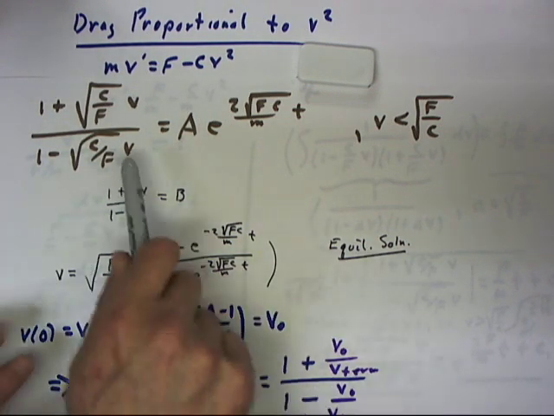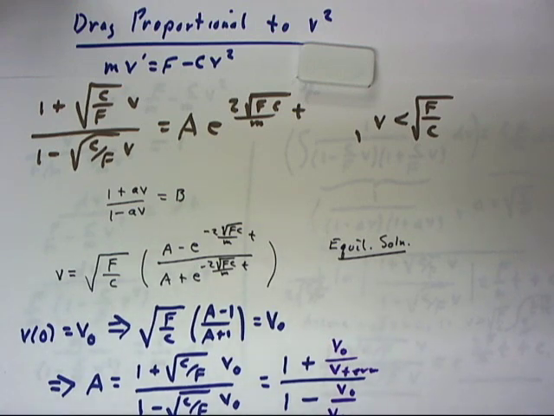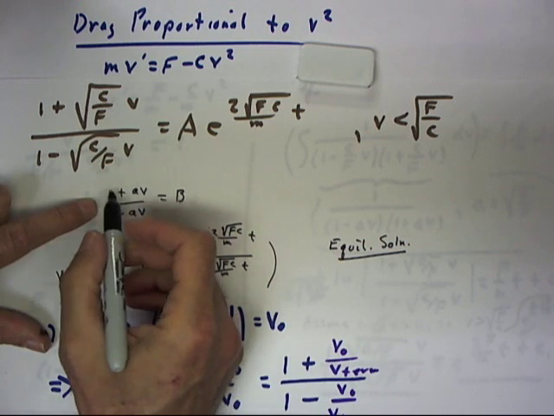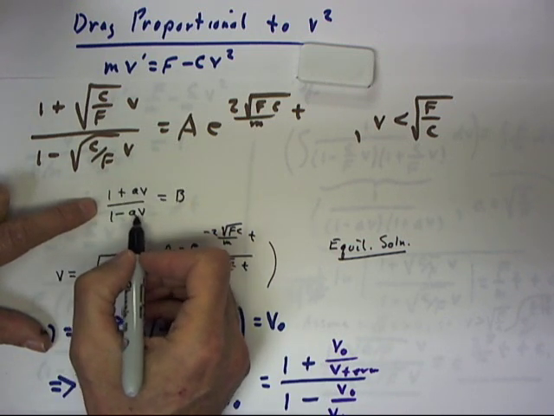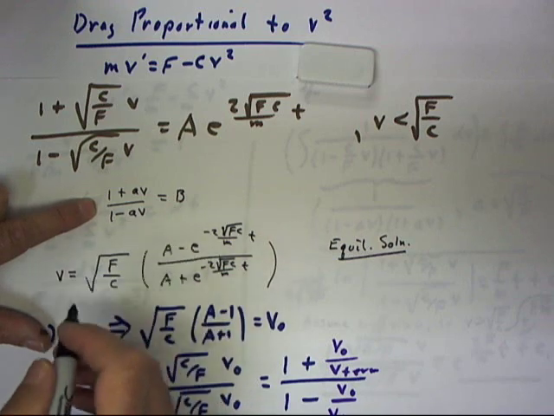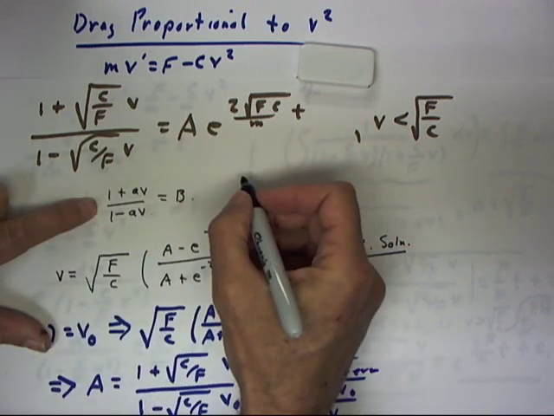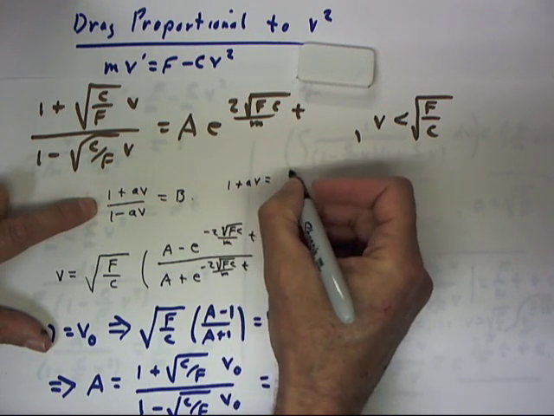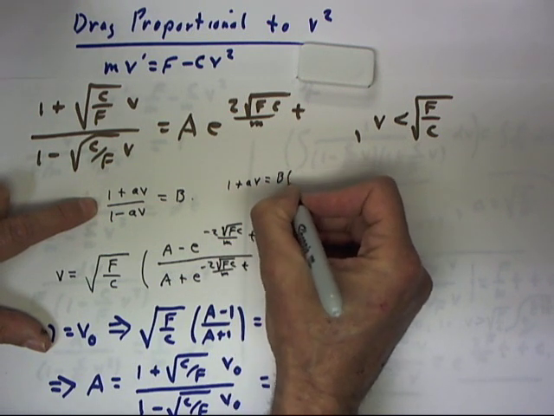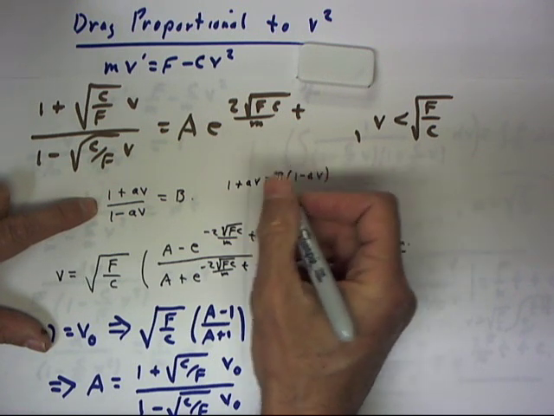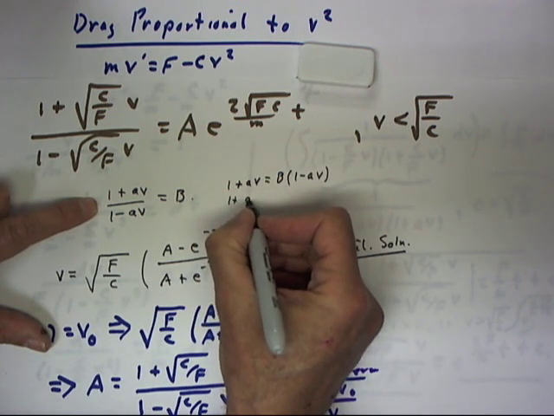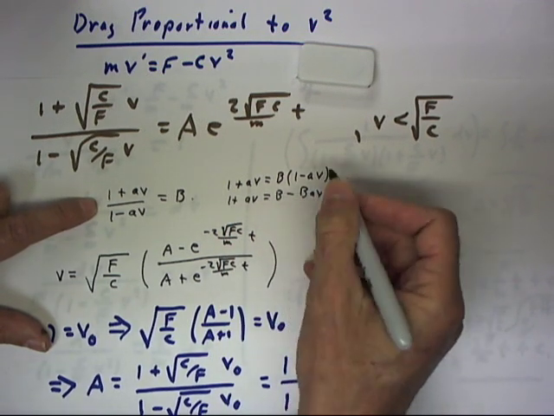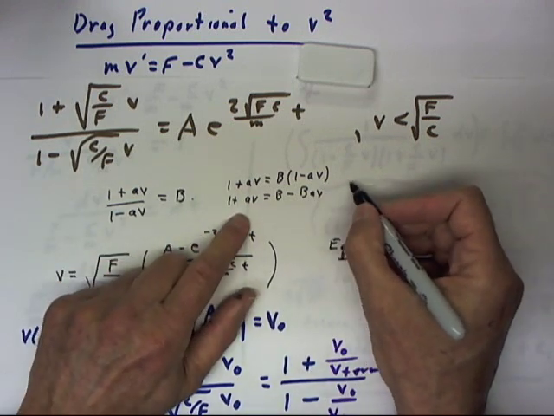Now, we solve this equation for v, and without going into all the gory details, let's just solve an equation of the form (1 + Av)/(1 - Av) = B. If we multiply both sides by the denominator, we get 1 + Av = B(1 - Av), which is 1 + Av = B - BAv.